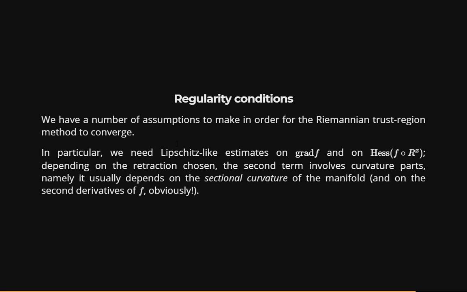Now, we don't get a real mess, we get curvature. And as we only select two vectors at a time, we get sectional curvature. So for example, if you have a manifold with bounded sectional curvature, you have these estimates once f is nice, for every reasonably well-behaved retraction.